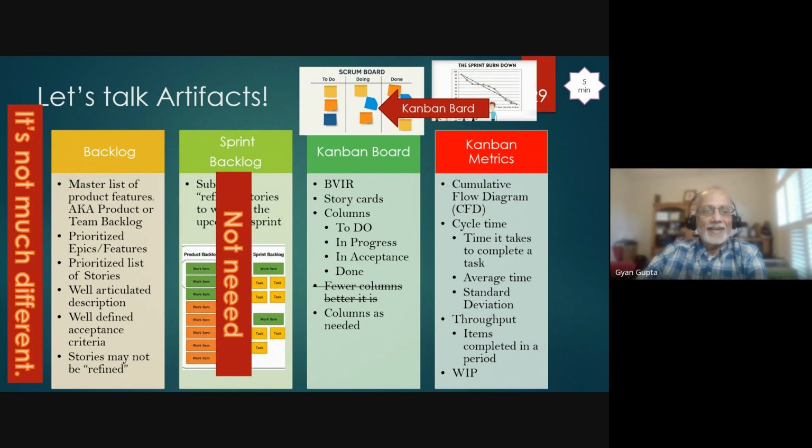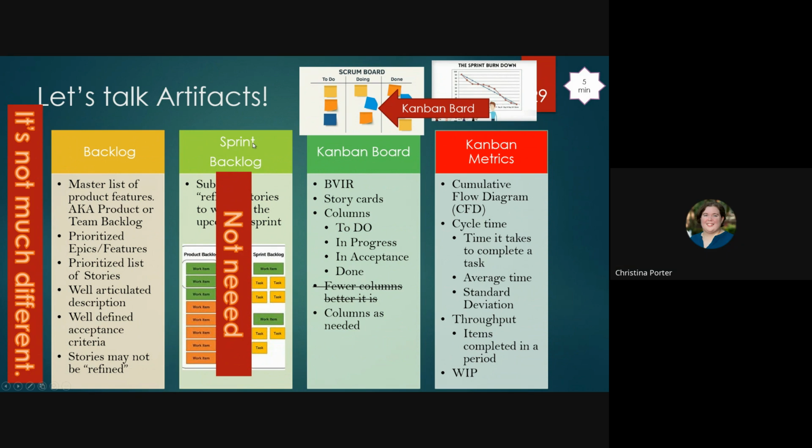Artifacts. Why do we not have a sprint backlog? So artifacts are kind of like the overall end result or project, at least in my team. Artifacts are broken down into stories over time. That's backlog.